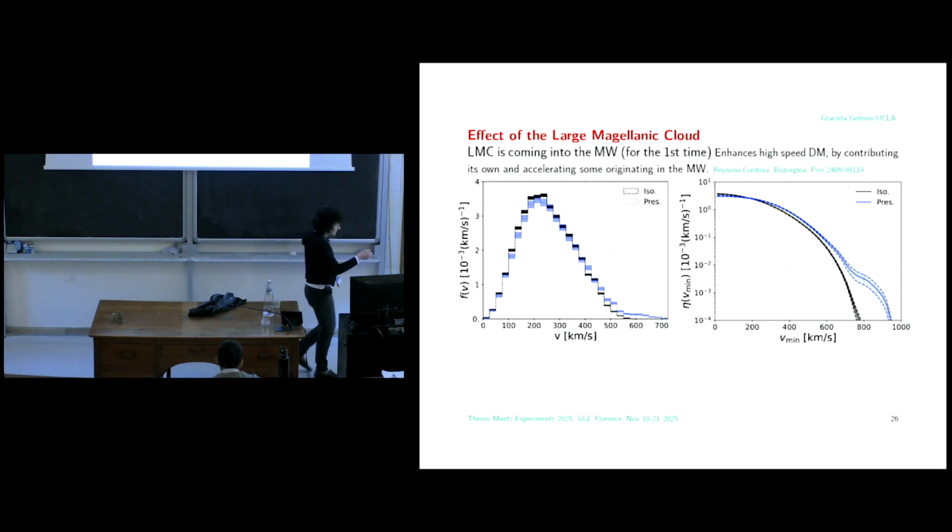So here the black line is without, and the blue line is the velocity distribution with the Large Magellanic Cloud. And this is the eta function. You see that it produces an enhancement of the distribution at large velocities.